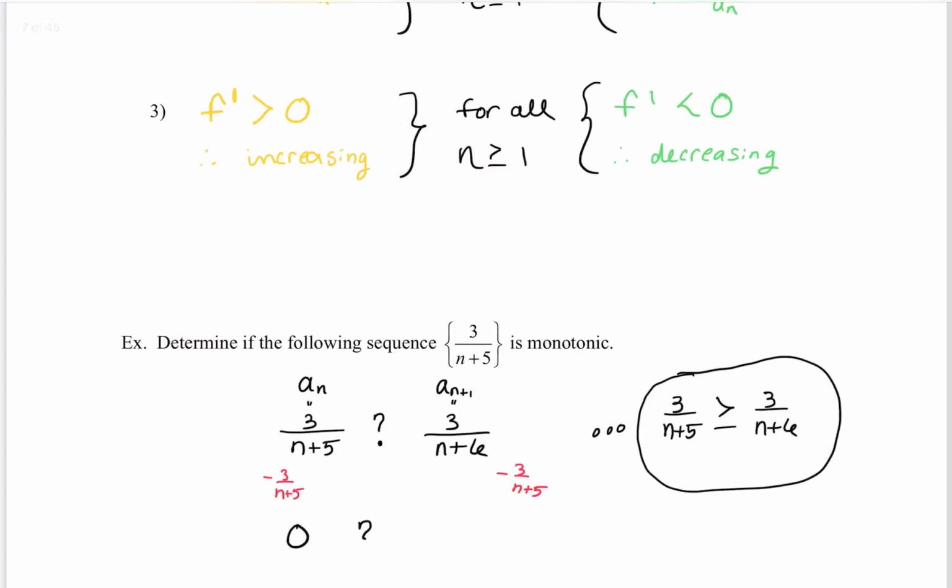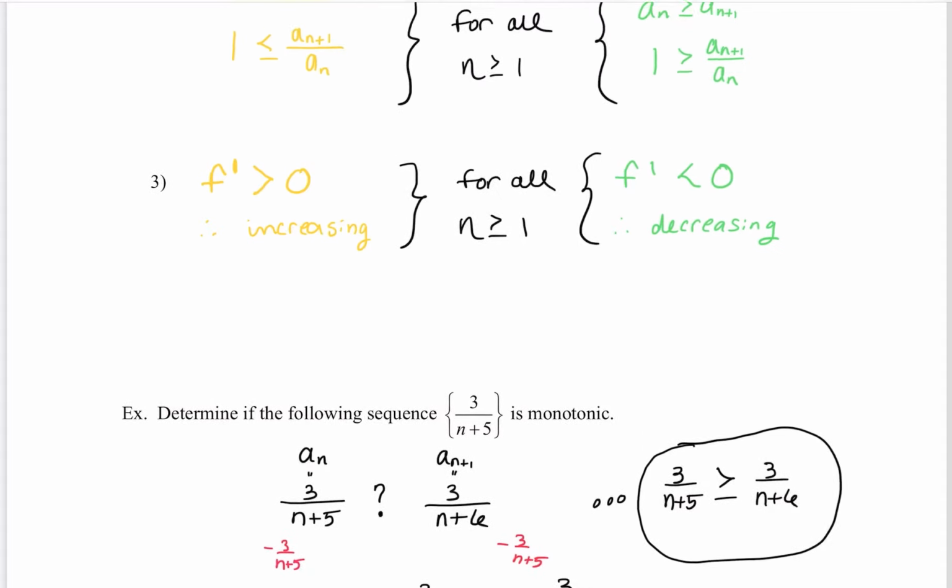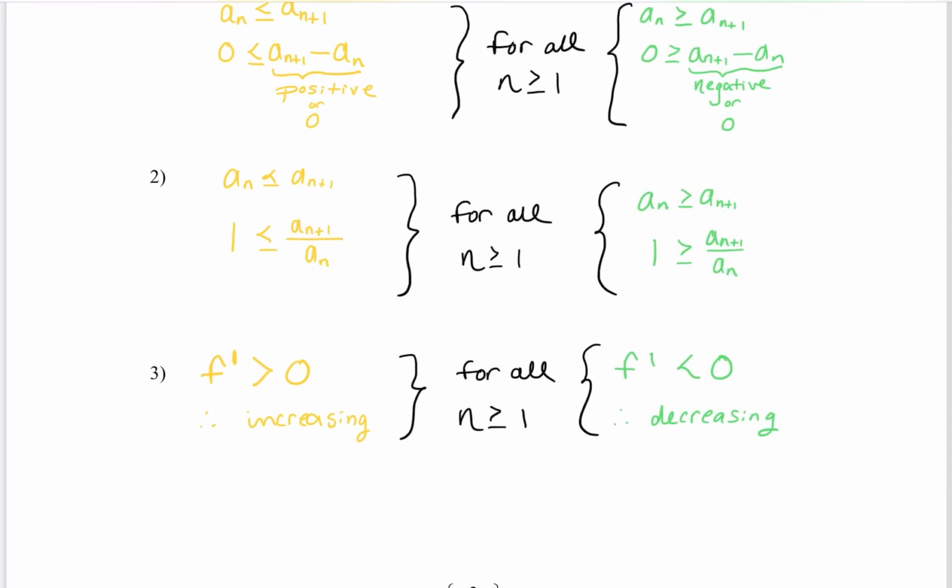We're trying to figure out what the inequality would be if on the right-hand side our a sub n plus 1 is 3 over n plus 6 minus our a sub n, which is 3 over n plus 5. So we're really following what we see up above in step 1. So we're trying to decide if what we get on the right-hand side is positive or negative here.